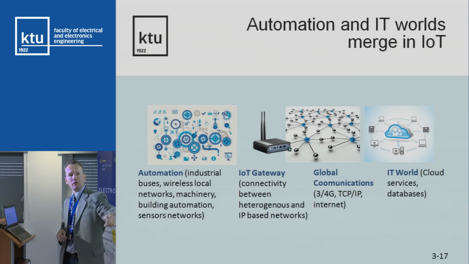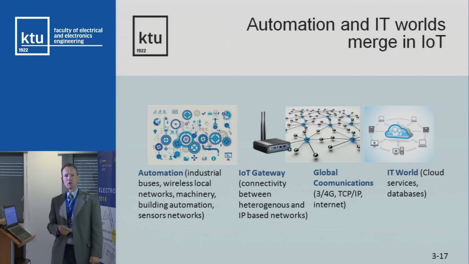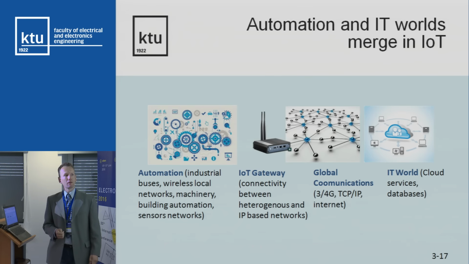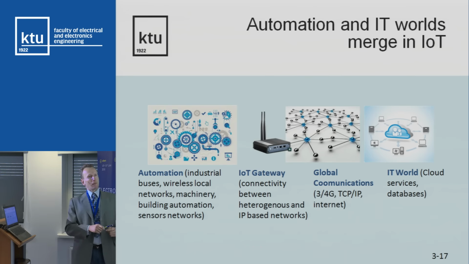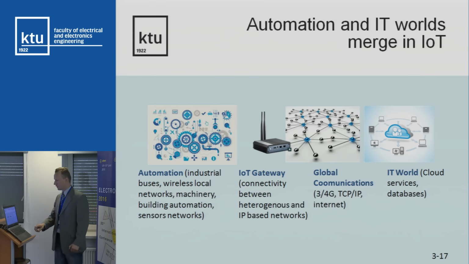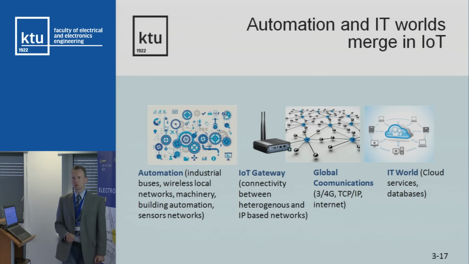And at the very end we have the IT world, where cloud services, databases and other entities are located. So the Internet of Things gateway is a connectivity device between heterogeneous and IP-based networks, Internet protocol-based networks.